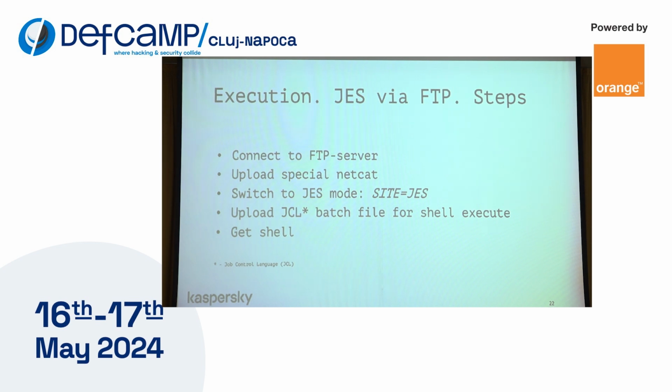In this mode, the Job Entry System will take all uploaded files as jobs, as instructions for jobs, and you may use a JCL batch file to execute the previously uploaded netcat to create a bind shell or reverse shell. And the final step, don't forget to catch this shell.